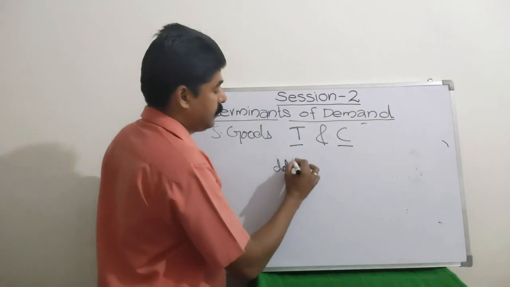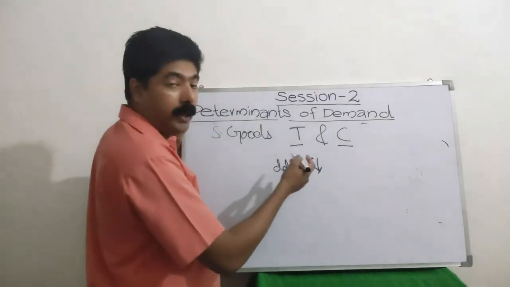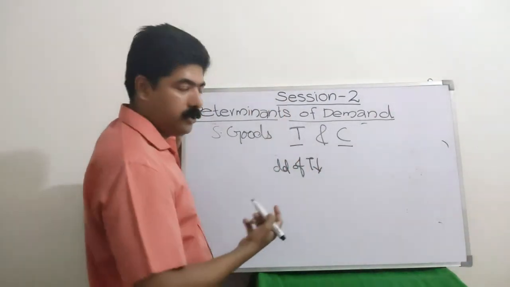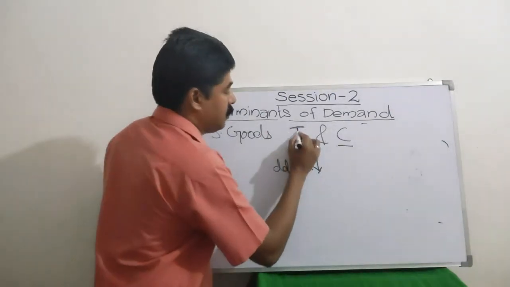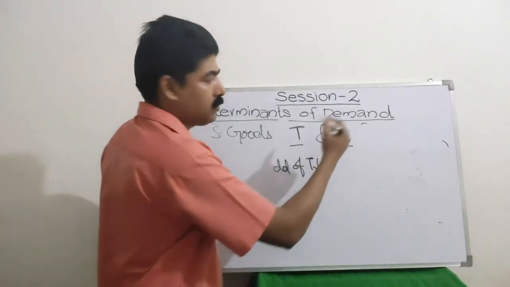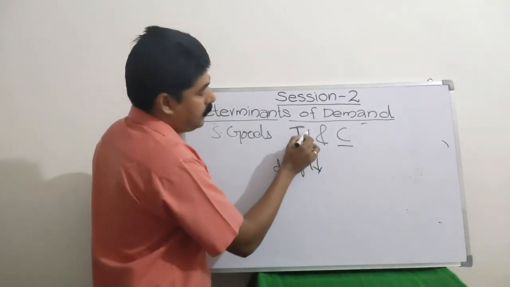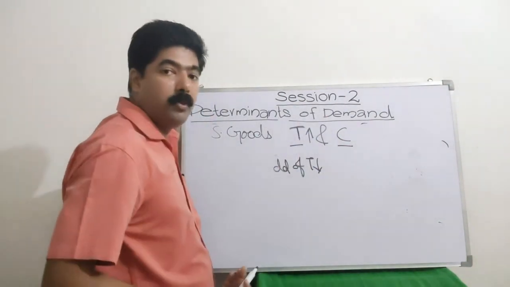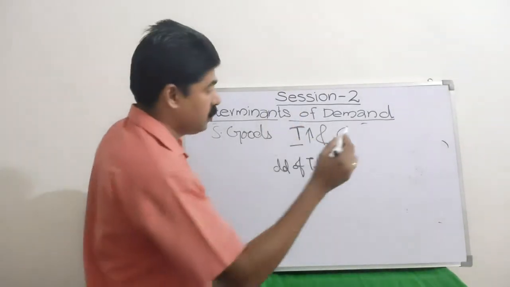The demand for tea diminishes when the price of tea increases, whereas the consumer is ready to use its substitute. Tea's substitute is coffee. So when there is an increase in the price of tea, the consumer may change the habit to consuming coffee in place of tea, because both are substitute goods.